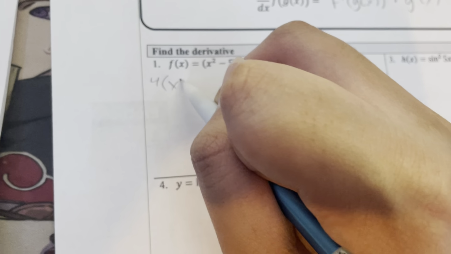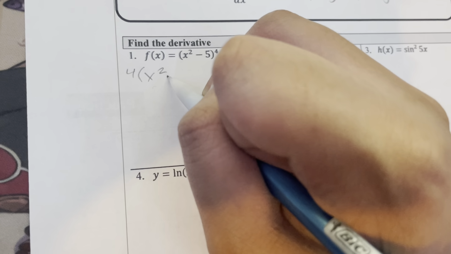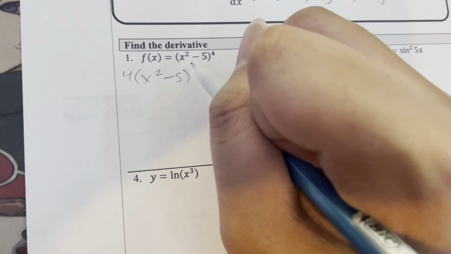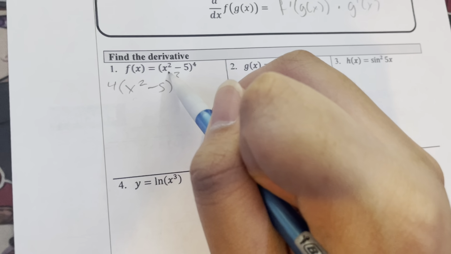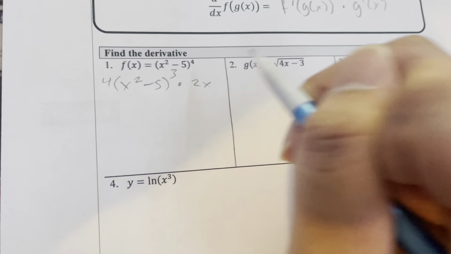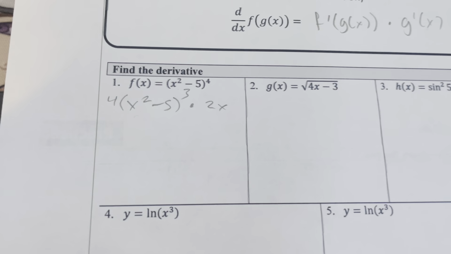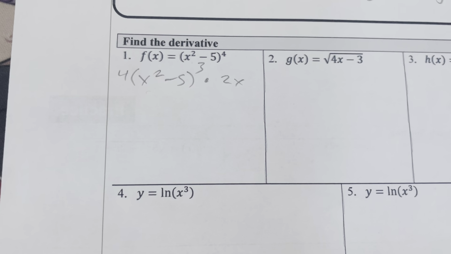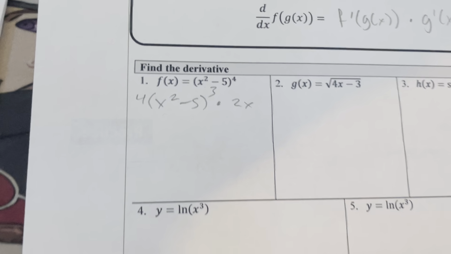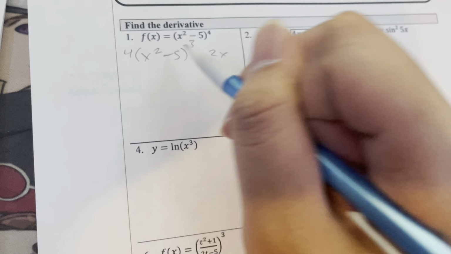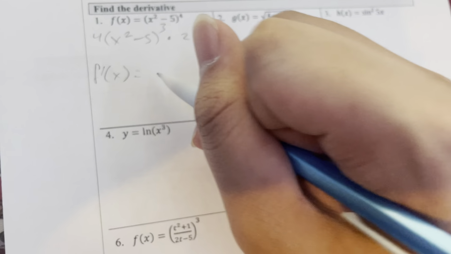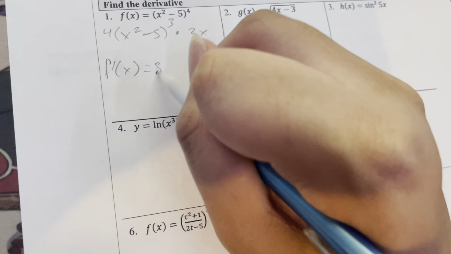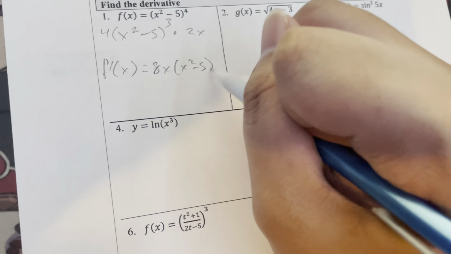By applying the power rule, this would be 4 times the inside, which is g of x, x squared minus 5, to the power of 3, multiplied by g prime of x, which is 2x. Then instead of solving the whole thing, we could just say f prime of x equals 8x multiplied by x squared minus 5 cubed.